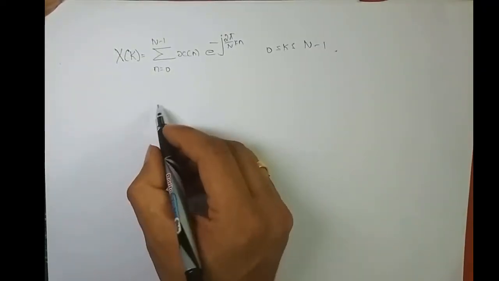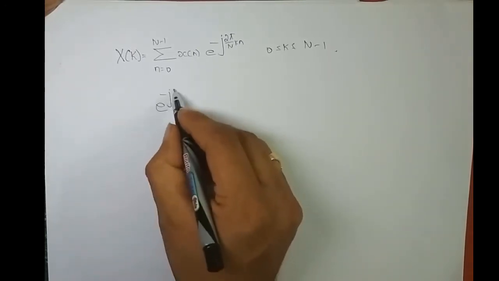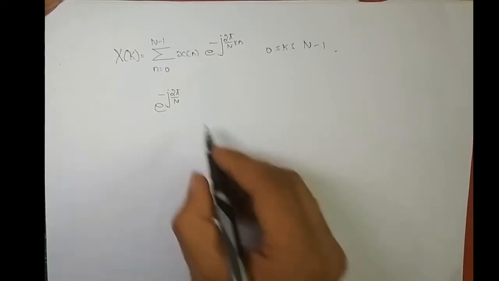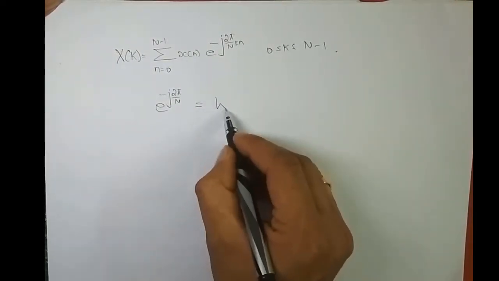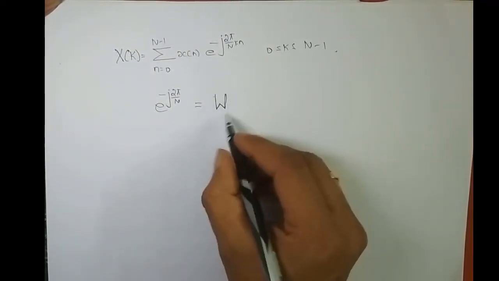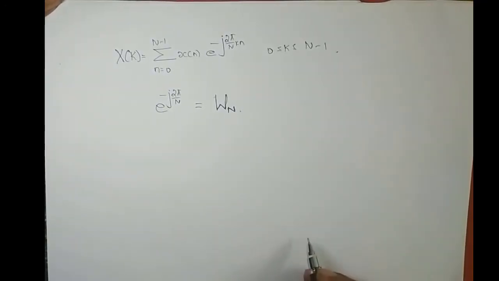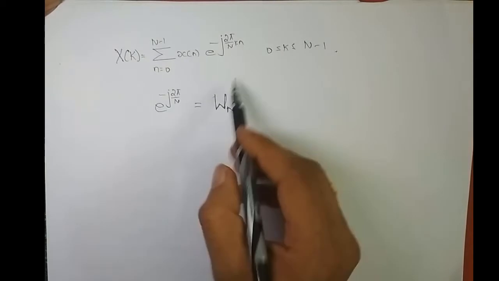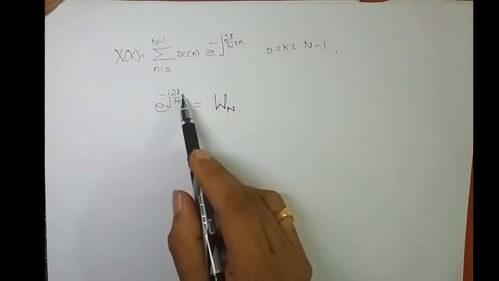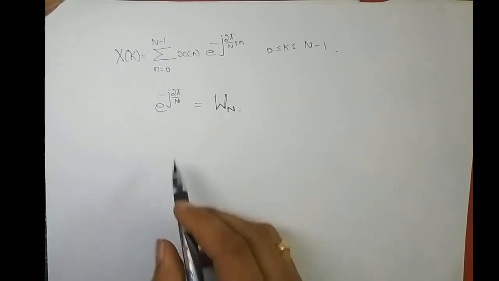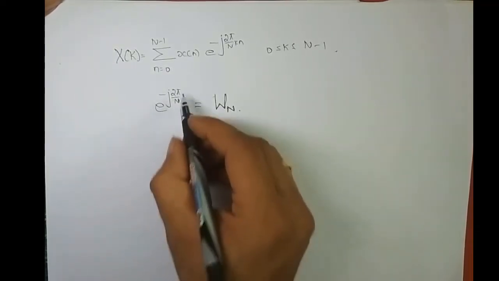Now, instead of writing e power minus j 2 pi by n each and every time, in short we can write it as capital W n, W_N. But what is e power minus j 2 pi by n into kn?